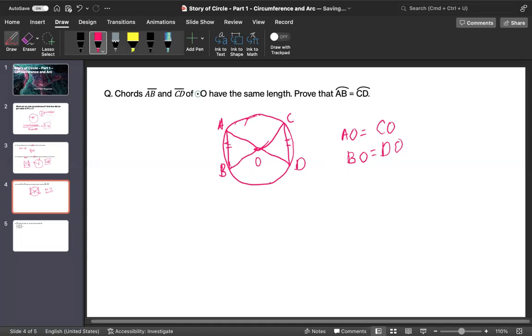So we know that these are all equal since they're all radius. So now we know that these angles are also equal. And by that I mean angle AOB is equal to angle COD. So this gives us that arcs AB and CD must be equal because the angles are equal too. We did it! All right, last question.